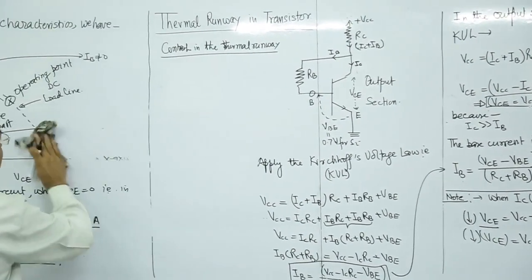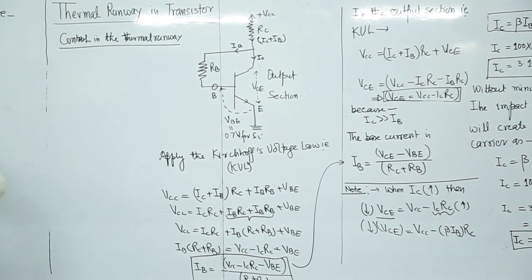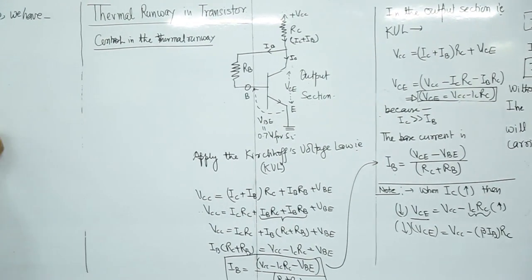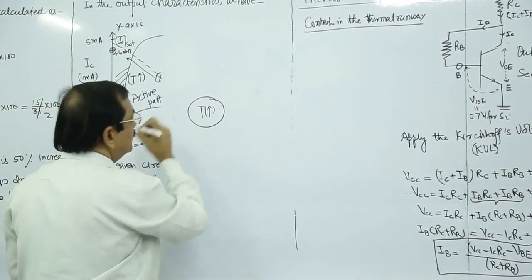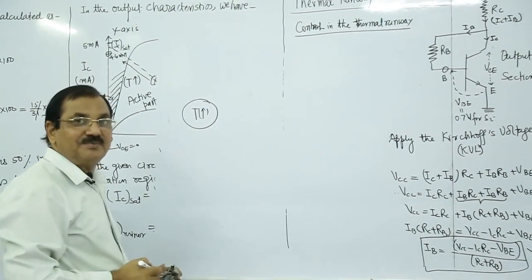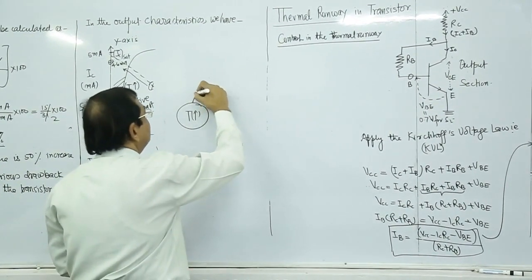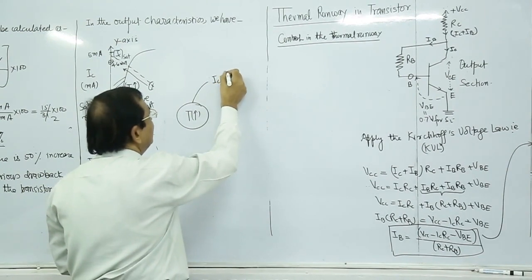The change is in the thermal runaway. If we find the change, it is something like this: if there is an increase in temperature, so what will happen? ICBO will increase.